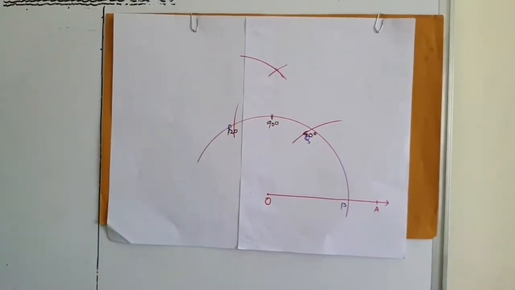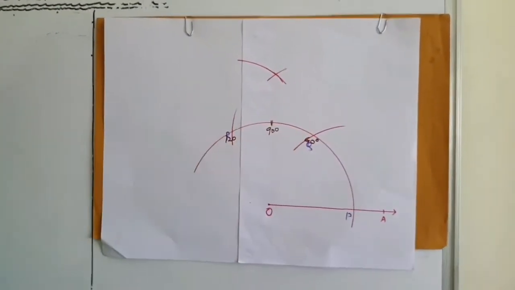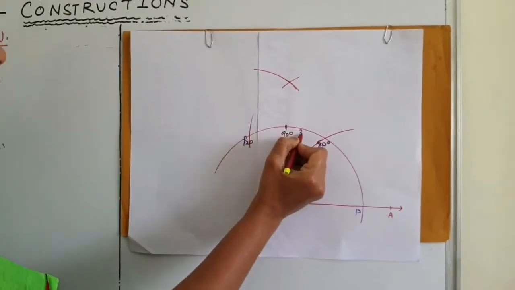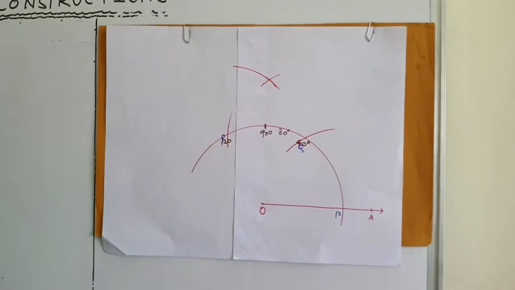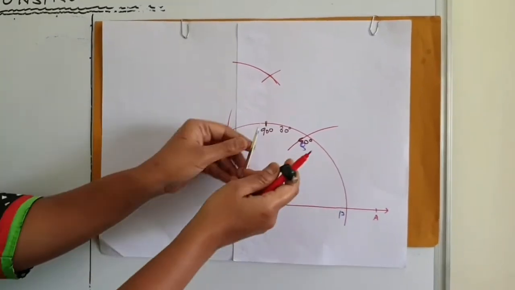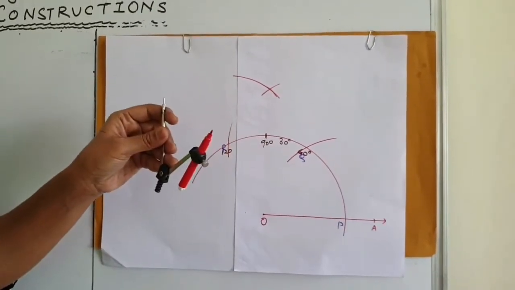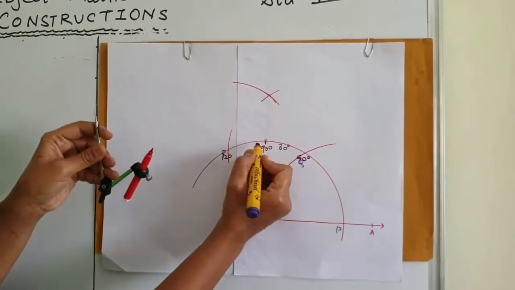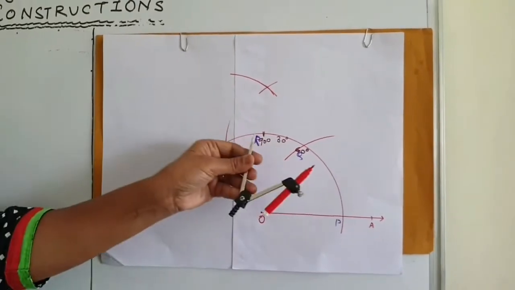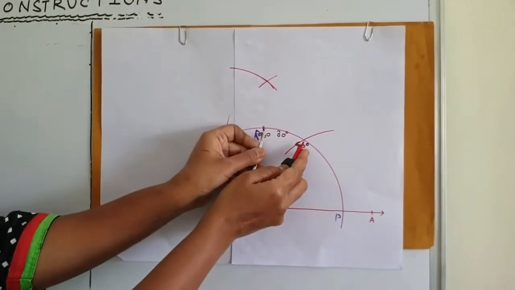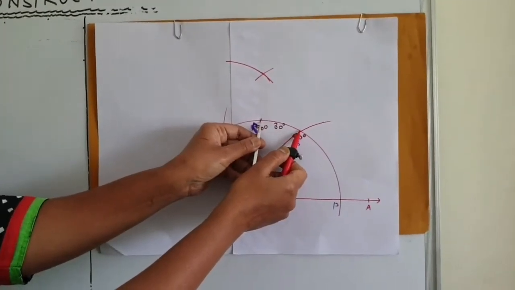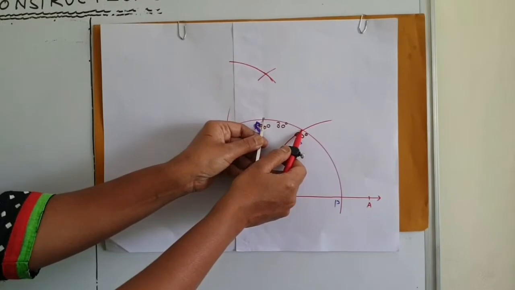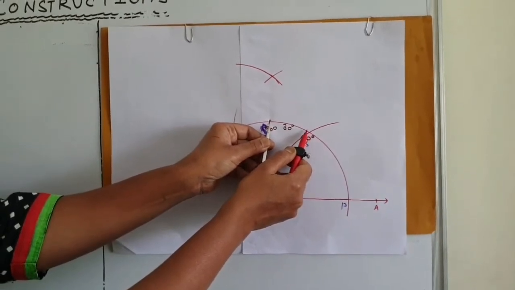Now you know that 90 minus 60 gives us 30 degree, and the angle bisector of this arc is 15 degree. So this is S. Now this arc is of 30 degree measure, so the angle bisector of this arc will be 15 degree.